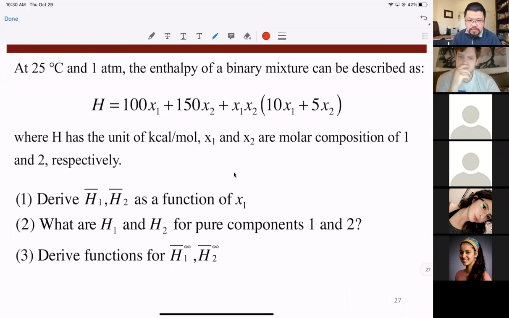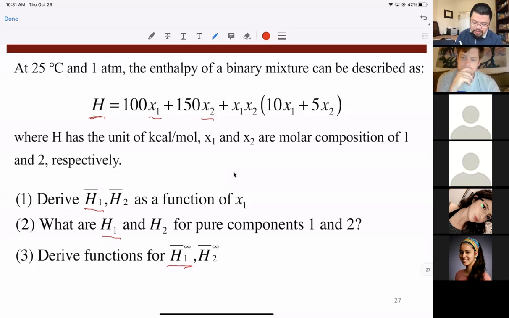All right. So the problem is very similar to the previous one. We know the total enthalpy depends on x1 and x2, and we try to calculate the partial molar enthalpy of 1 and 2. We need to understand the pure enthalpy for 1 and 2, and also the partial molar enthalpy at dilute.